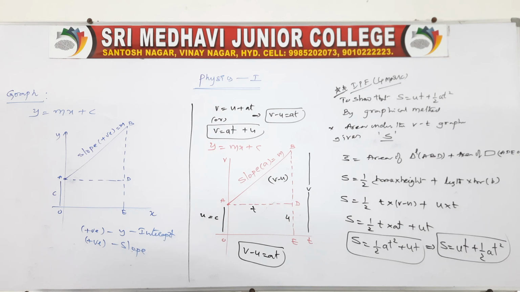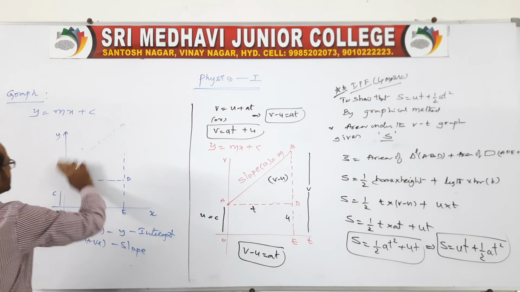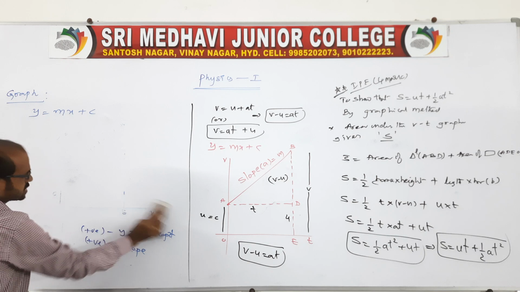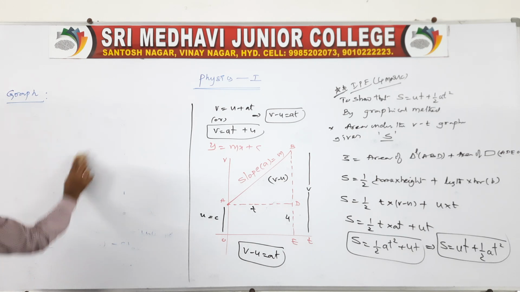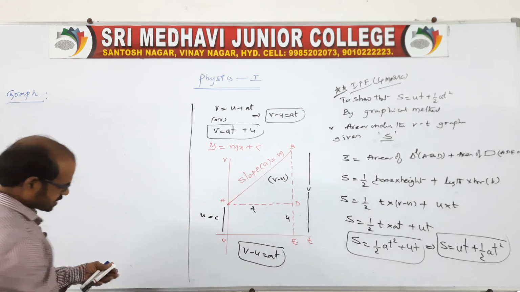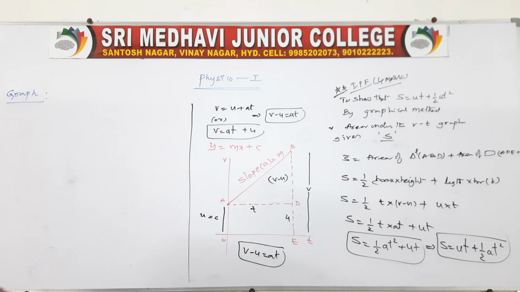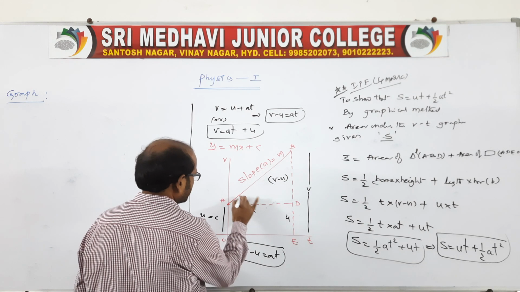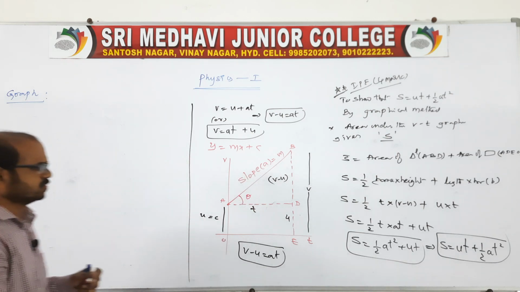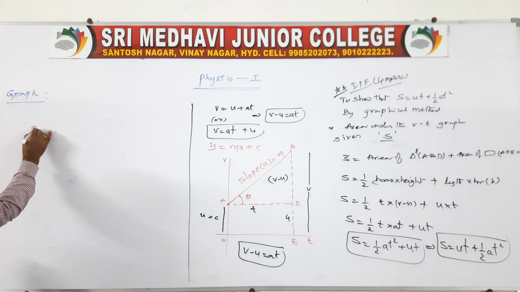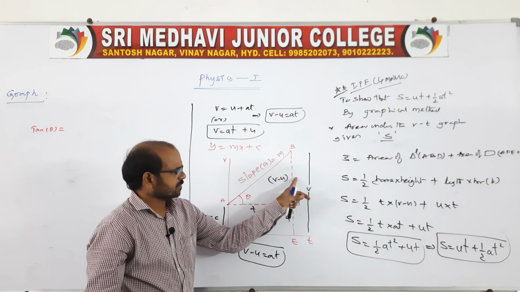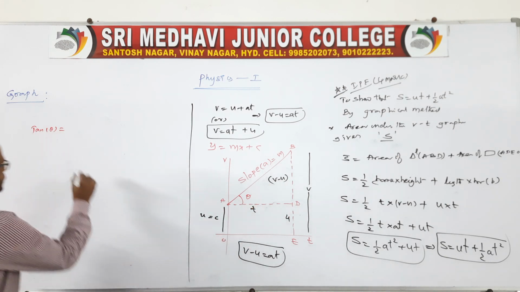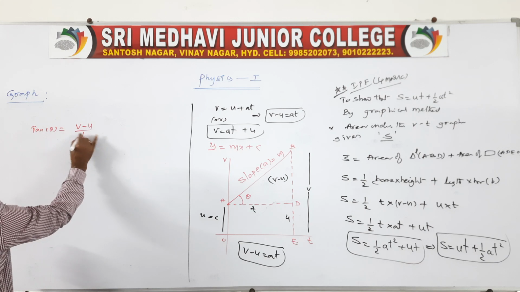I want to tell you one thing. By that graph, we have to get the slope also. The slope for this graph is theta. So tan theta is equal to opposite by adjacent, that is v minus u by t.